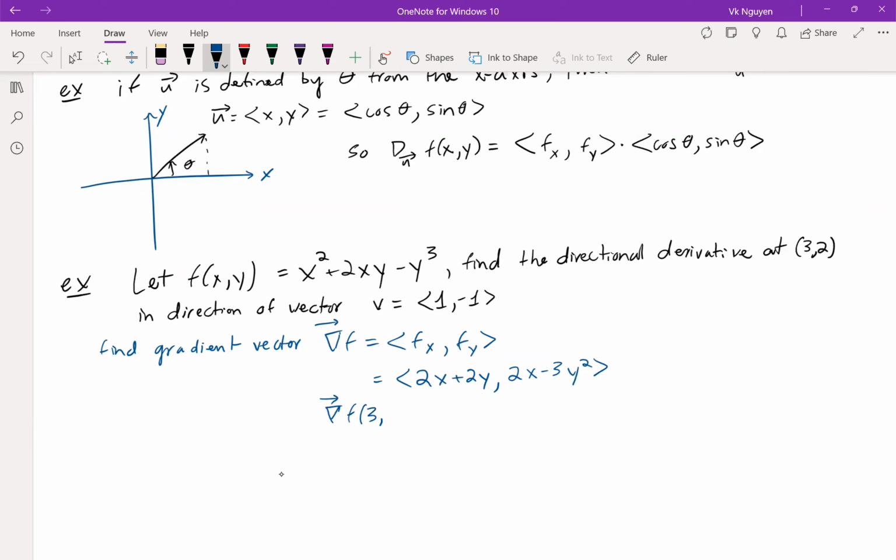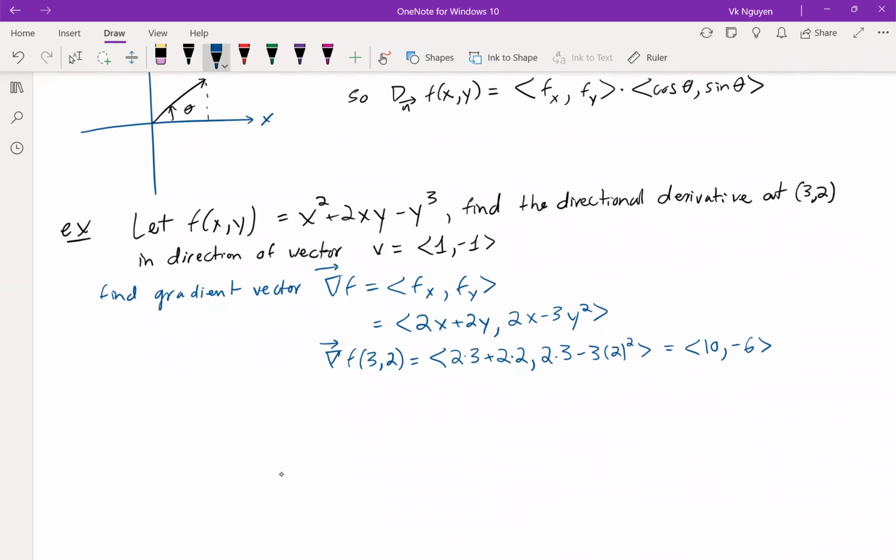So the gradient vector at (3, 2) is going to be (2 times 3 plus 2 times 2, 2 times 3 minus 3 times 2 squared). What do we have here? 10, and 6 minus 12 is -6. Okay, so got that one.